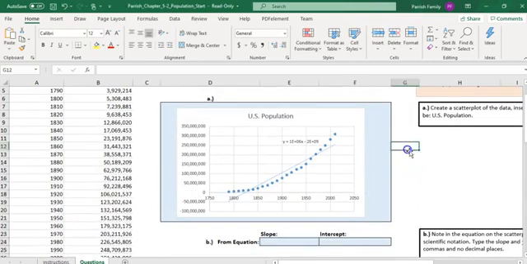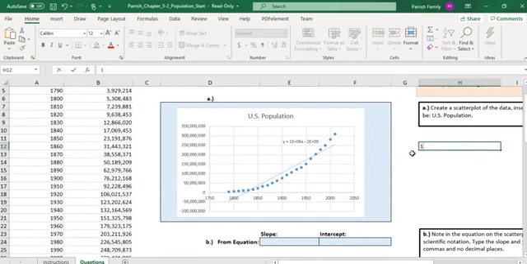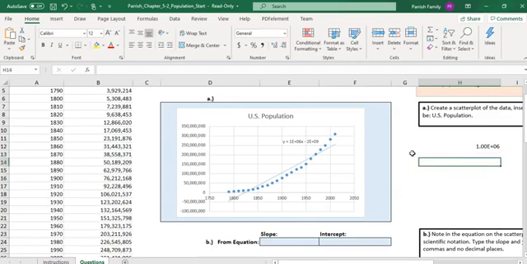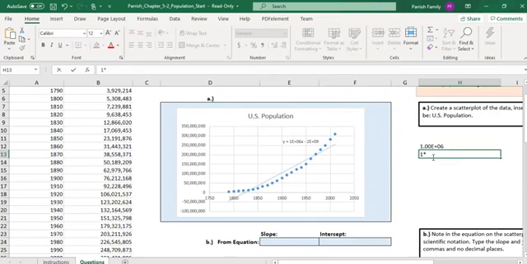Okay, so I'm going to come over here. 1e plus 06 is scientific notation. What that stands for is the number 1 times 10 raised to the 6th power.